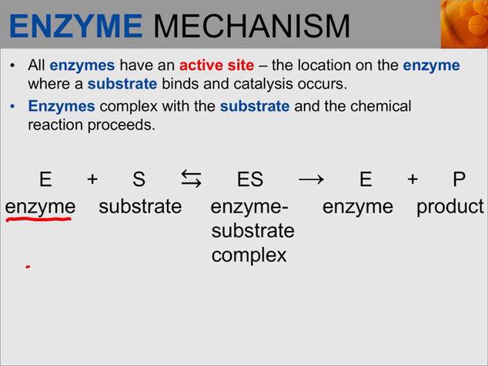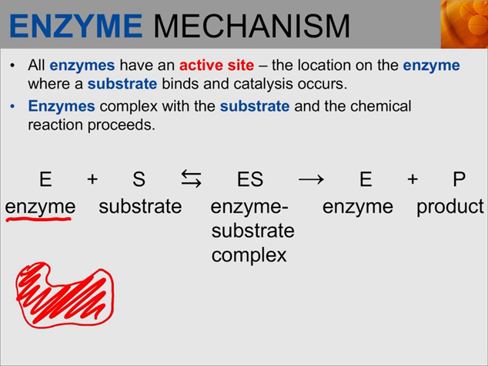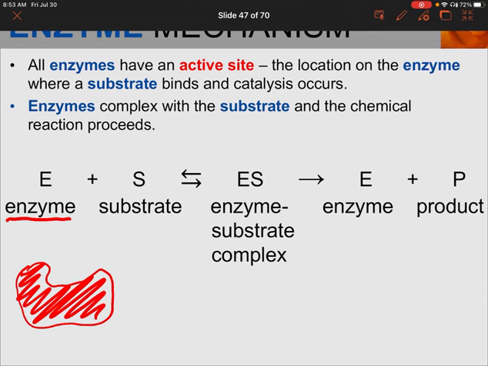It might look kind of globular, for instance, something like that. And then we've got our substrate. The substrate is, let's say, it just looks like this. The enzyme's active site is right here where the substrate could fit in.